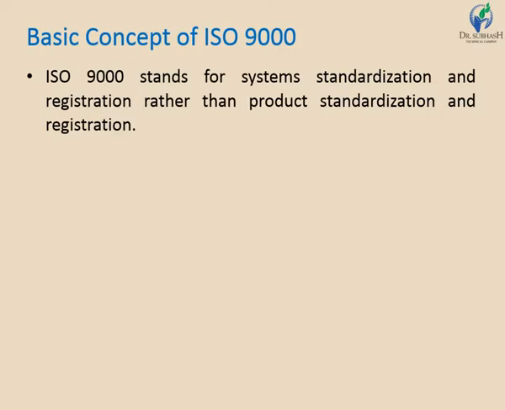It standardizes and registers the system that is responsible for manufacturing or producing the product, rather than the product itself. It is not related to the product, but to the whole system's standardization and registration.